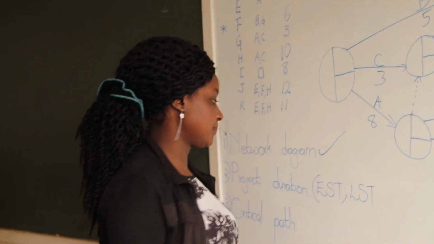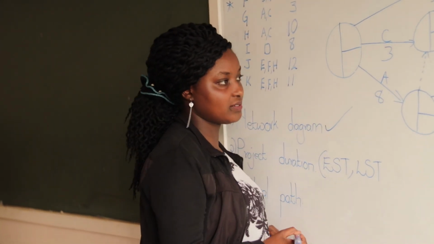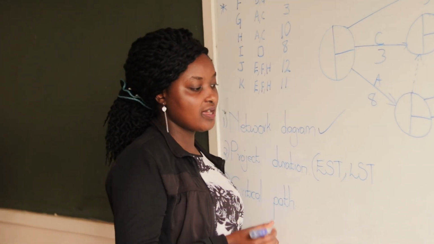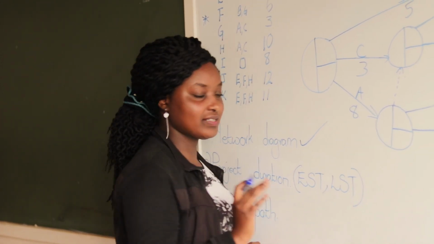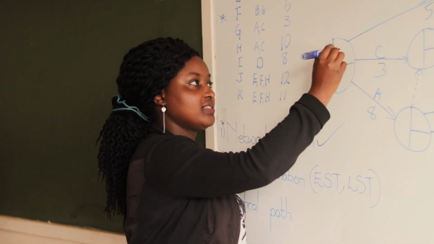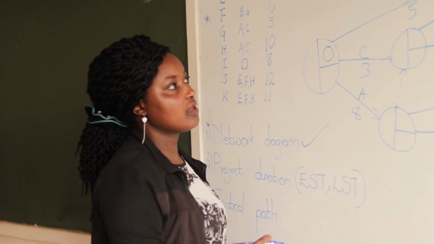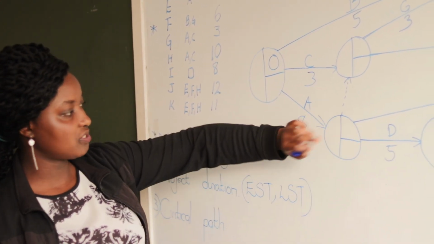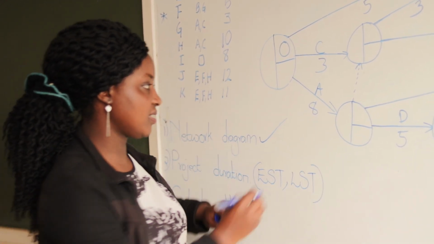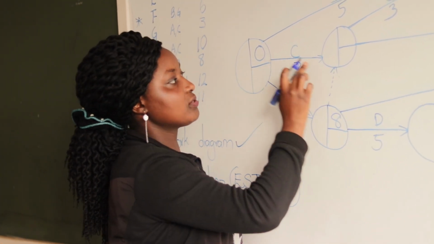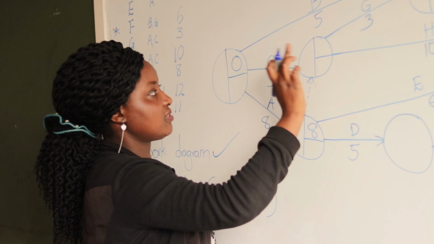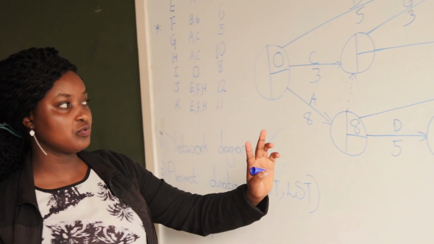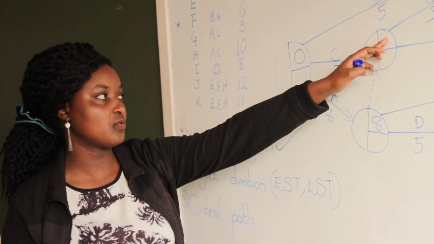So we'll start. Our earliest starting time must always be 0 because activity has just started. So our early starting time is 0. So we'll start with this one. To find this upper quarter, the early starting time is 0 plus 8, which is 8. This one will be 0 plus 3, which is 3. But remember, we have two ways of finding this upper quarter.